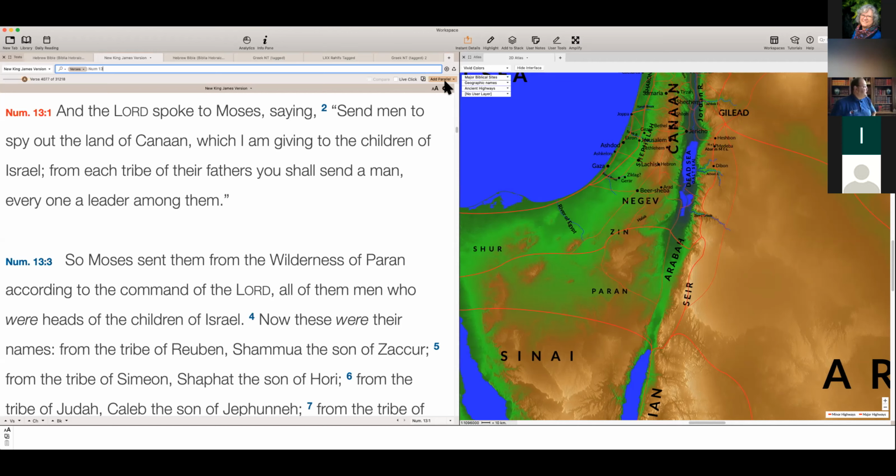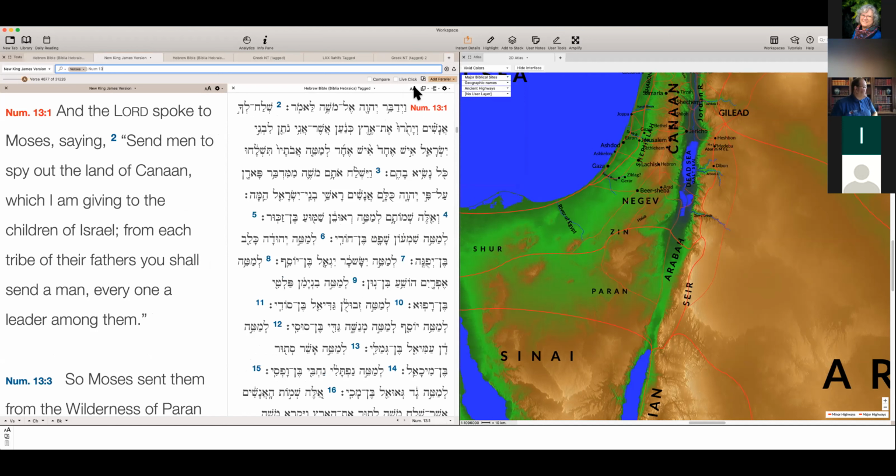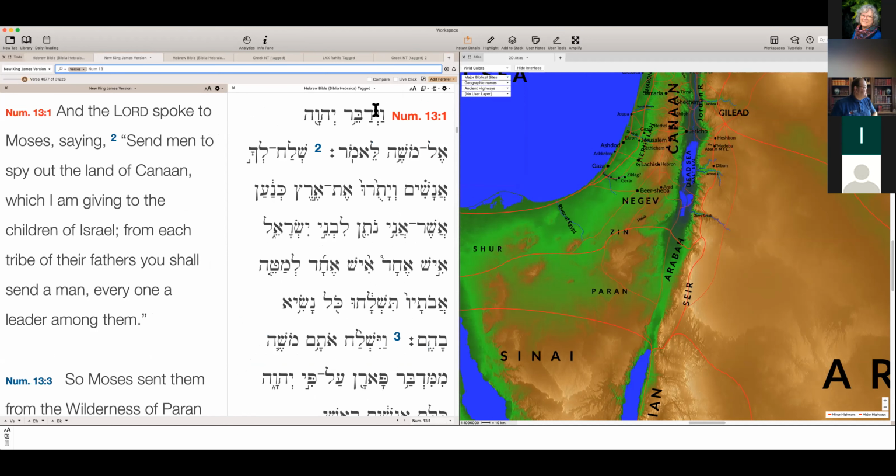And the way you harmonize is this. There's one little particle that changes everything in Hebrew. Go with me. I have a parallel Hebrew text. And it says here, and you can see at the bottom, the translation, Vayedaber Adonai el Moshe lemor, and the Lord spoke to Moses.